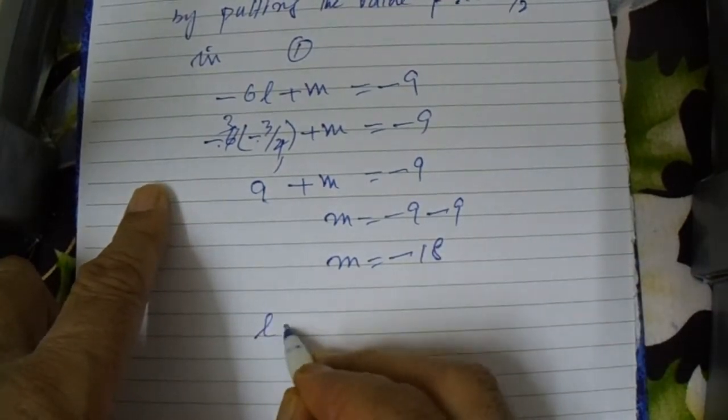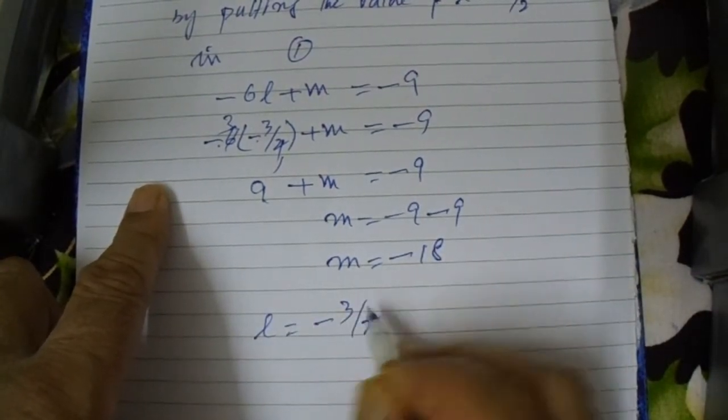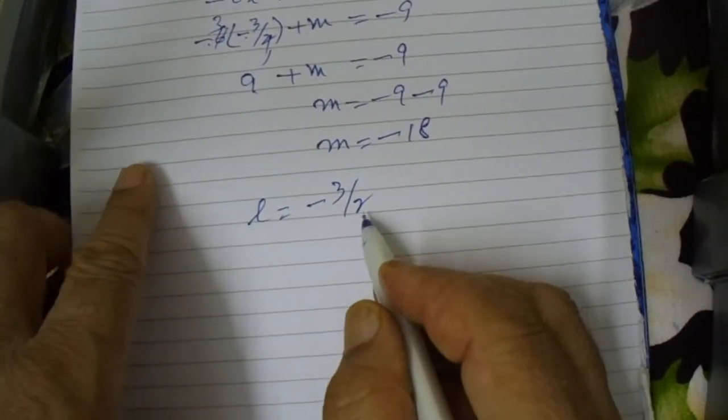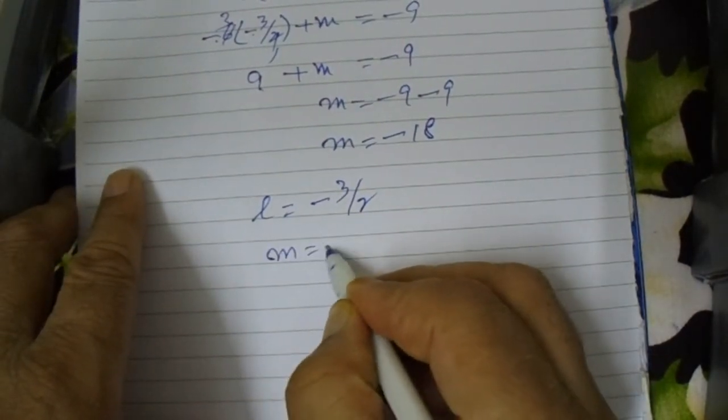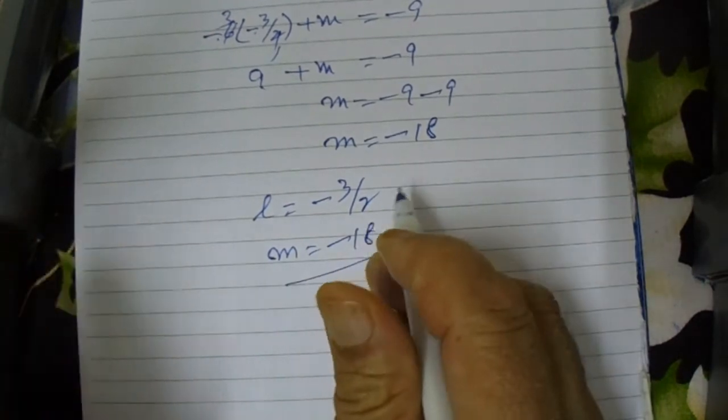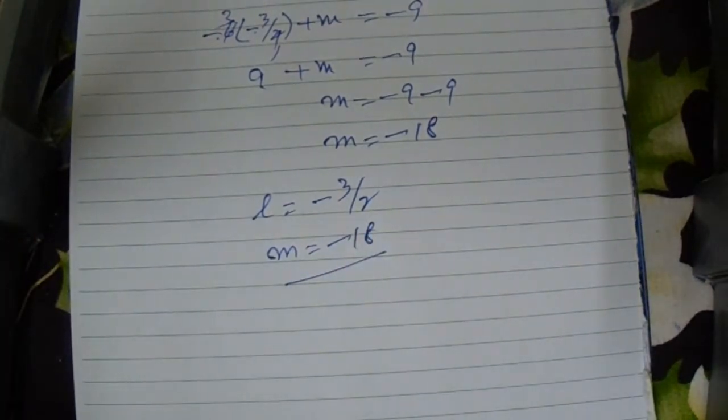Now l is equal to minus 3 by 2 and m is equal to minus 18. This is the solution of the first part of this question.